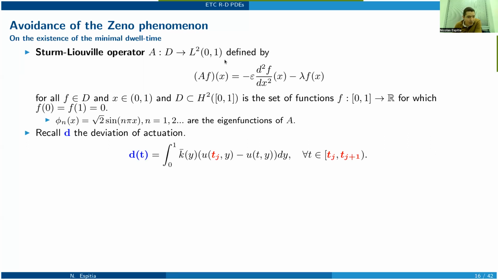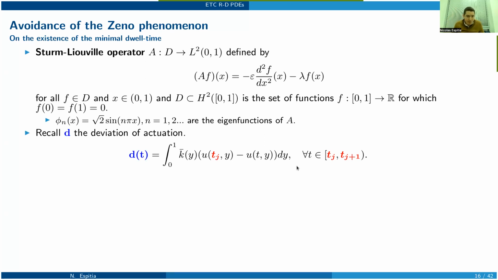For that, we consider the Sturm-Liouville operator A linked to our reaction-diffusion PDE, and we need in particular the eigenfunctions of the operator A. Next, we recall the deviation of actuation, which is given here. And typically, in order to prove that there is no Zeno phenomenon, we need to study how this error behaves, because we don't want it to experience finite-time escape.